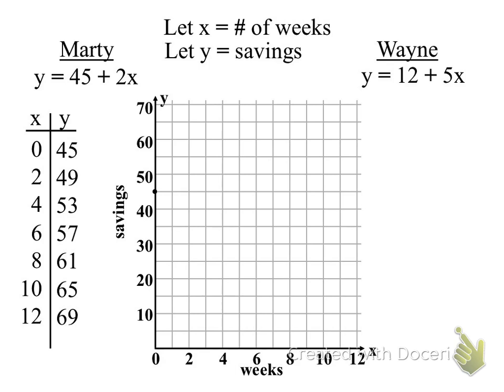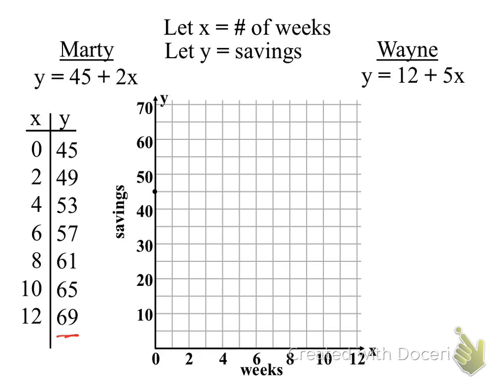Now, I have to get at least to 70 here. That's how I knew my scale. I have to go up to 70, and for my weeks, I'm going up to 12 weeks. Remember, my scale doesn't have to be the same.